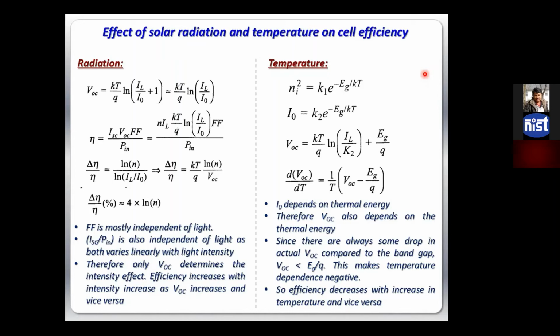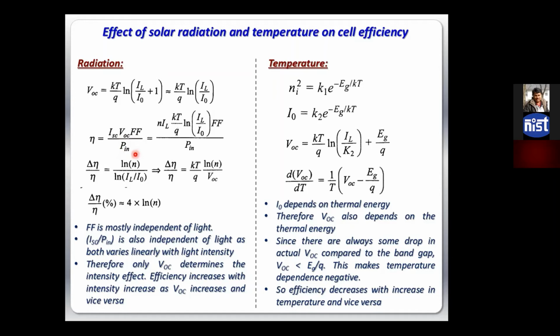So how do they behave? Now, if you remember the efficiency equation for a solar cell, it is basically ISC VOC fill factor by PIN, right? PIN is the input power from the sun. So for radiation, what happens if I increase the radiation with daytime?